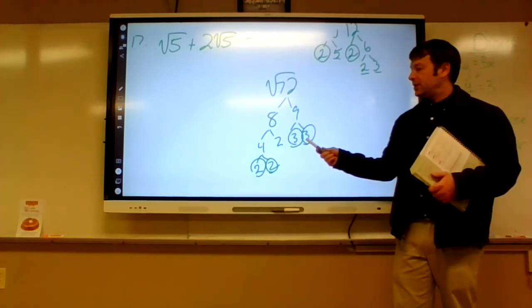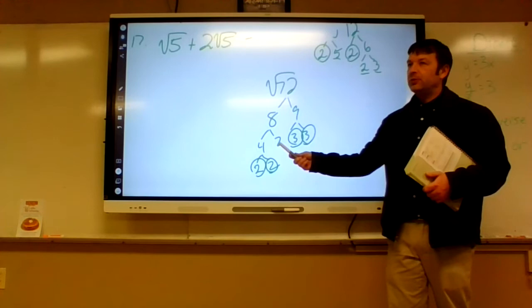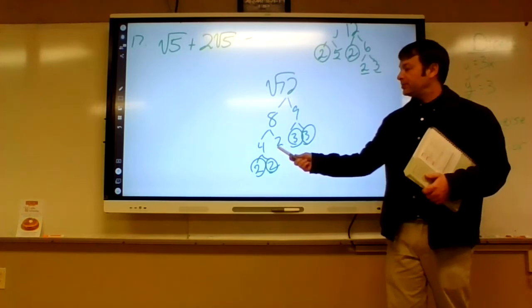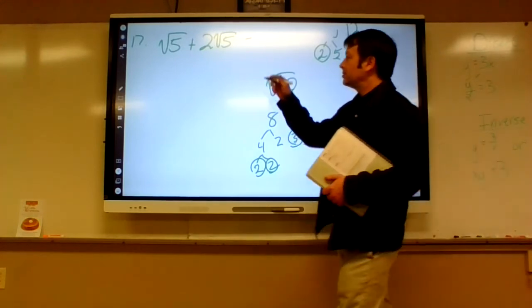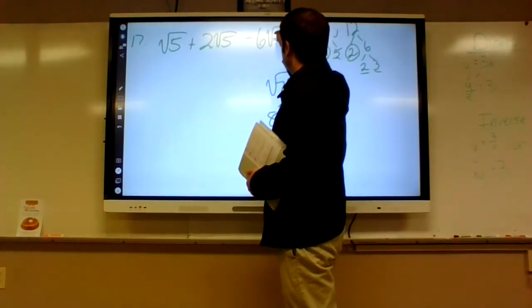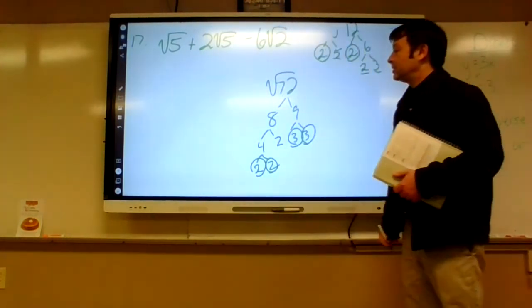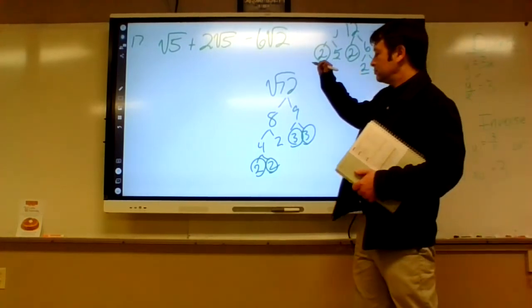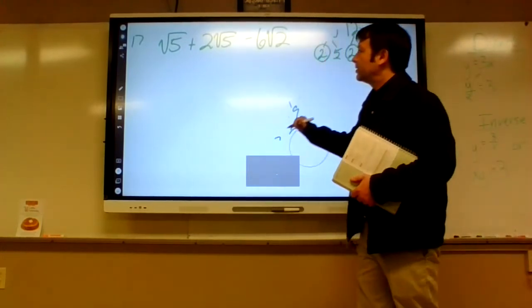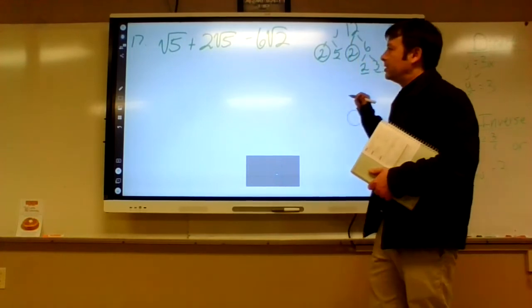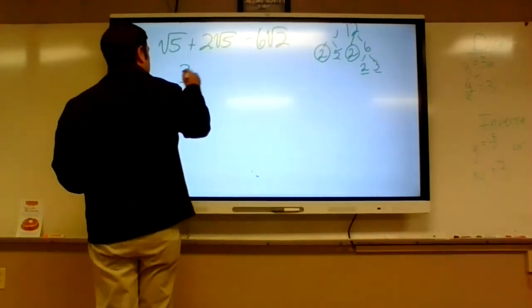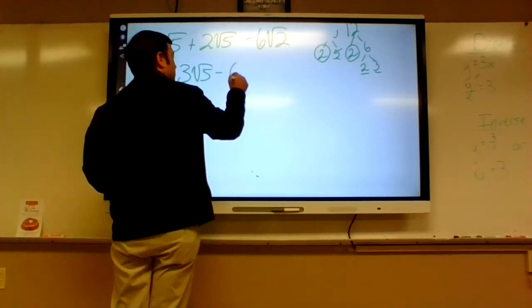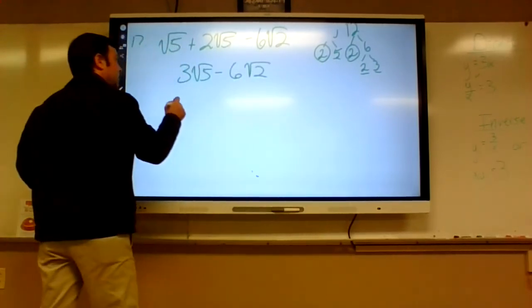Triple 6. We don't care about triples. 2 times 3 comes out, so 6 square root of 2. And what else can I do on 17 there? The first two terms go together. Square root of 5 plus 2 square root of 5 is 3 square root of 5. And then we'll just keep that guy right there.